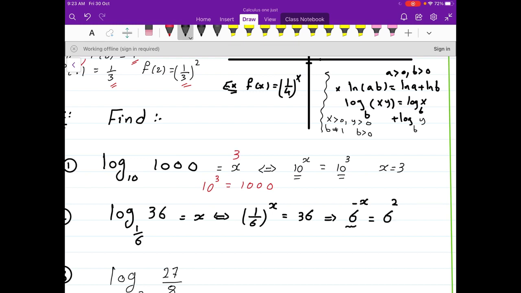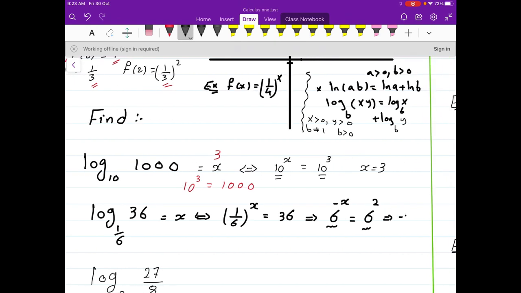Now the bases are equal, so we get minus x equals 2. Since the bases are equal, the exponents are equal. So x equals minus 2. So the answer is minus 2. What does it mean? You find log 36 for the base 1 over 6 equals minus 2. This means 1 over 6 to the power minus 2 equals 36.